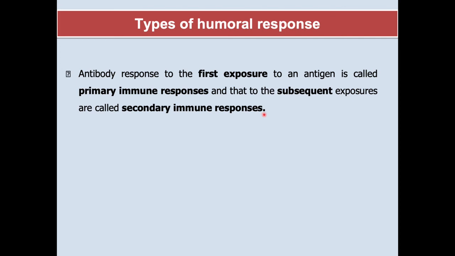So when you have the first attack, the immune system will react, and we call it the primary immune response. But when there is a subsequent infection by the same antigen, we call it a secondary immune response, because it is the second time the immune system reacts.